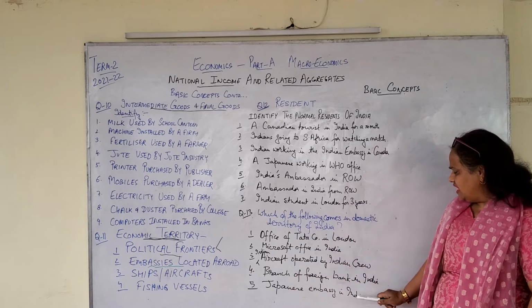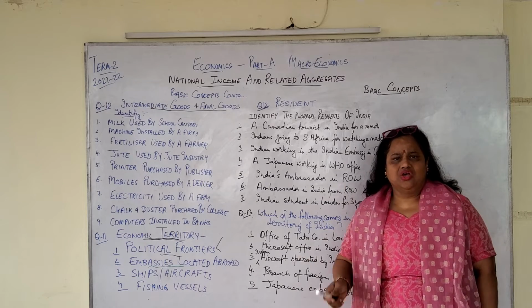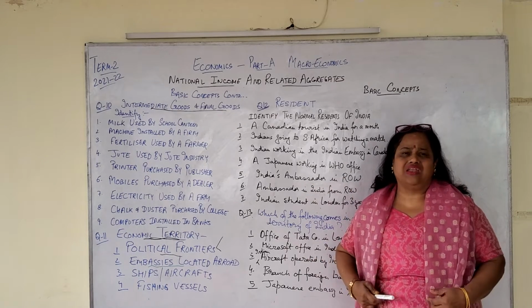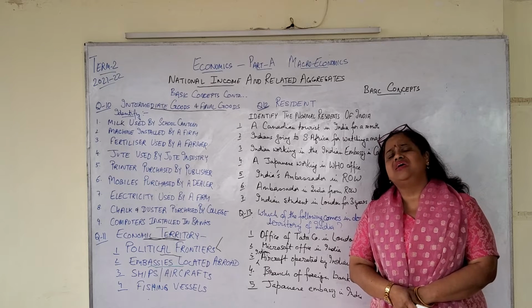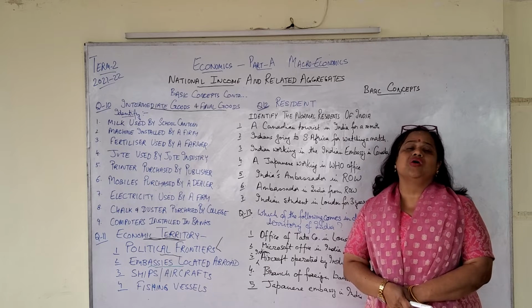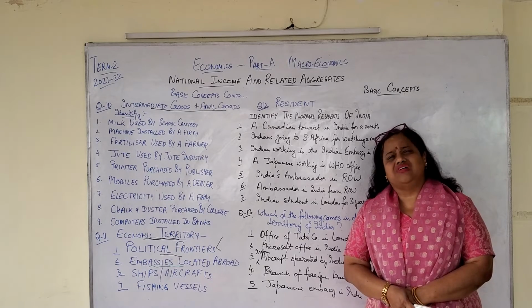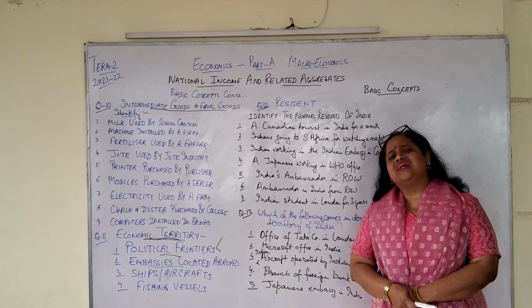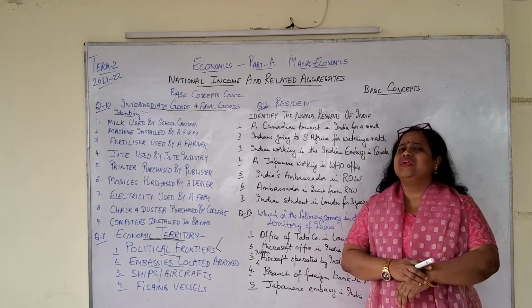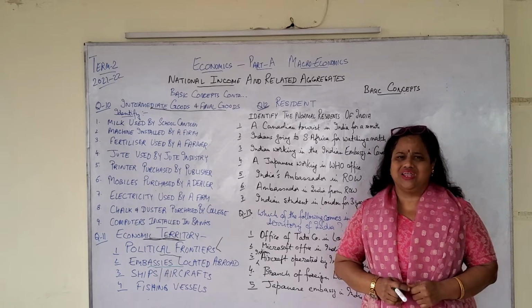And similarly, the Indian embassy in Japan is a part of India's domestic territory despite being located in Japan, because our government's control is there in India's embassy in Japan. So children, these are the techniques to understand, differentiate and identify.